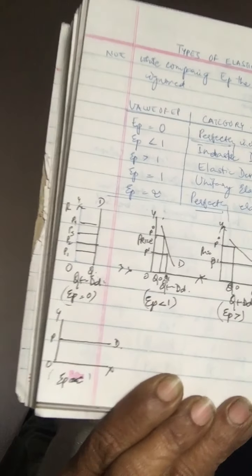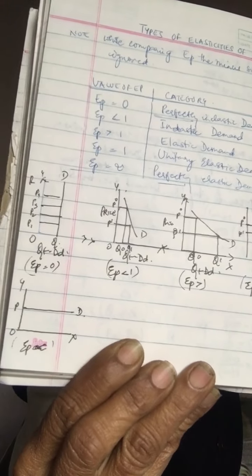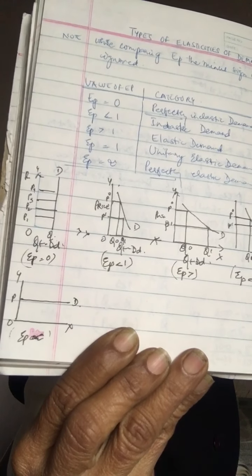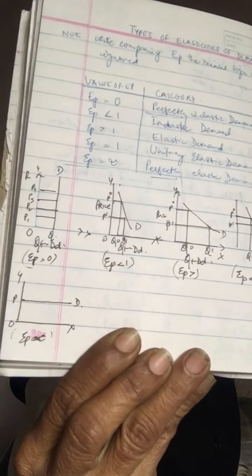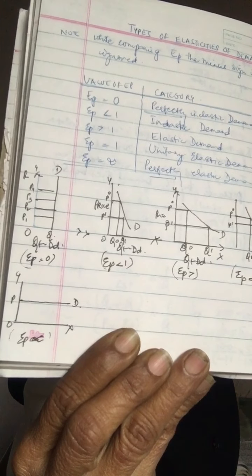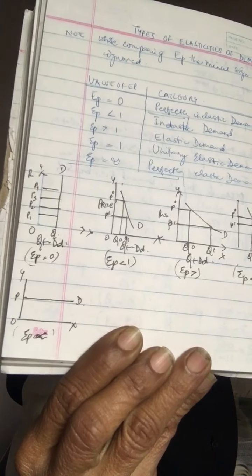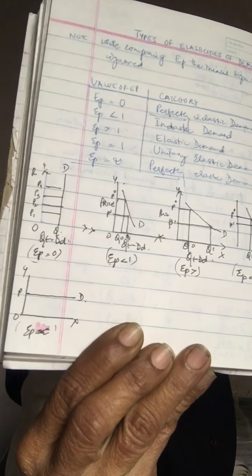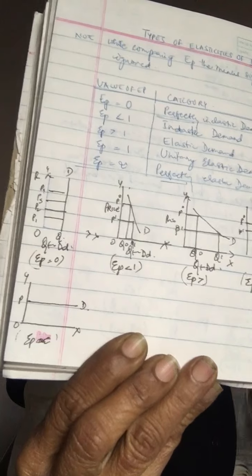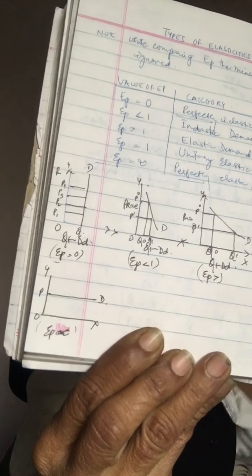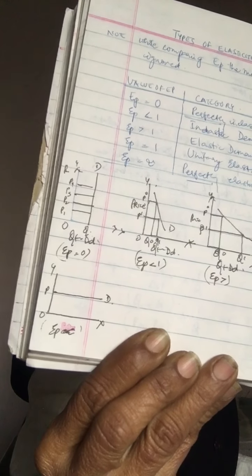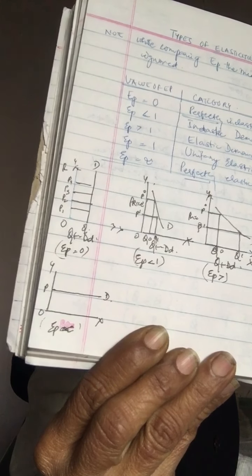It's a situation when a small change in price of a commodity causes an infinite change in its demand, even a minuscule change which can hardly be noticed. That's why it's given as OP, just that price. Thus a small rise in price would lead to zero demand for the commodity, but at that particular price, the demand is infinite. So you can buy any amount of quantity at that particular price.